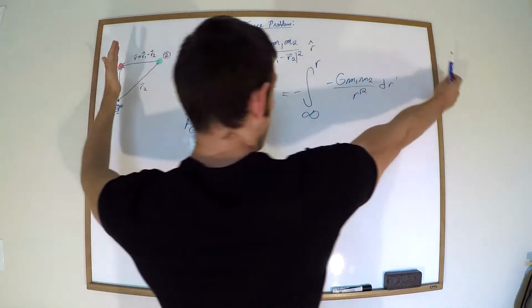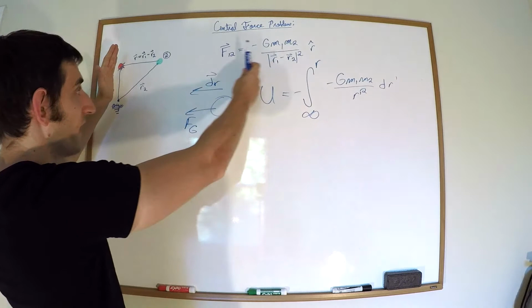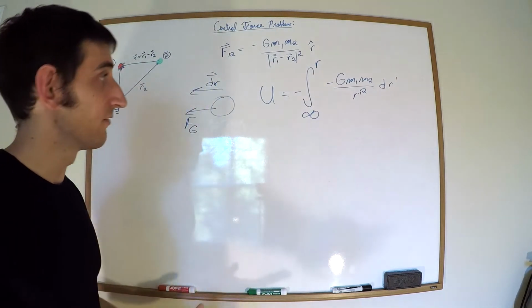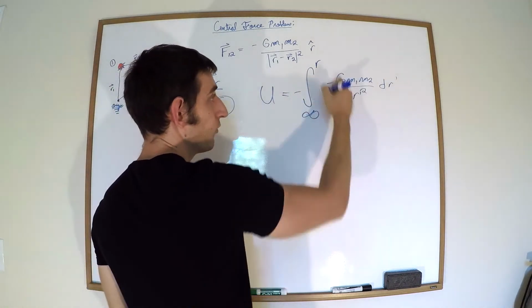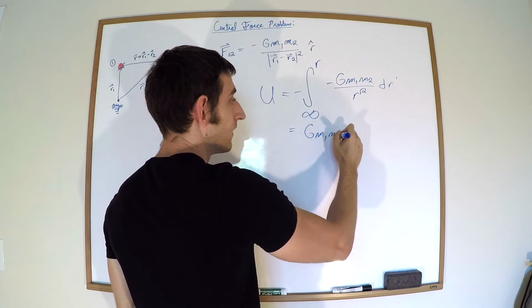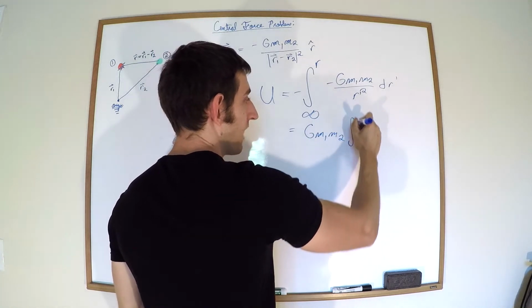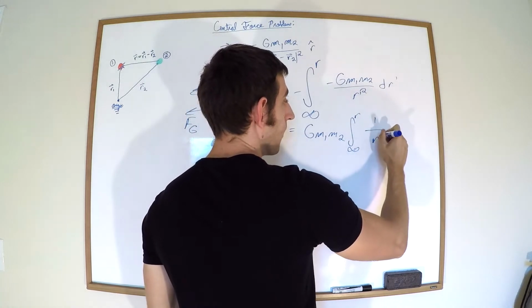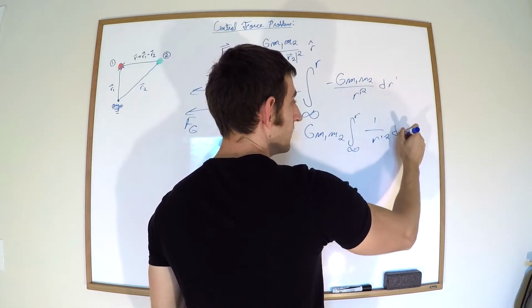So we're working with the force. We're taking our potential energy, converting it to kinetic energy. We would expect to get a negative, okay? So we can pull this guy out. We can pull out the constants. We get a G m1 m2. Then we have the integral from infinity to r of 1 over r prime squared dr prime.